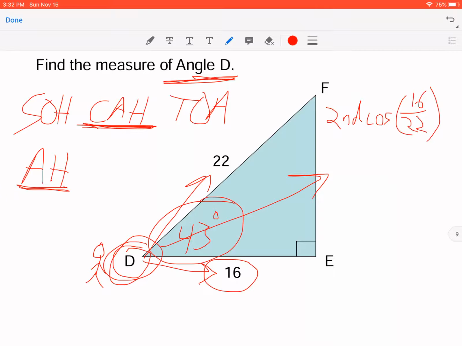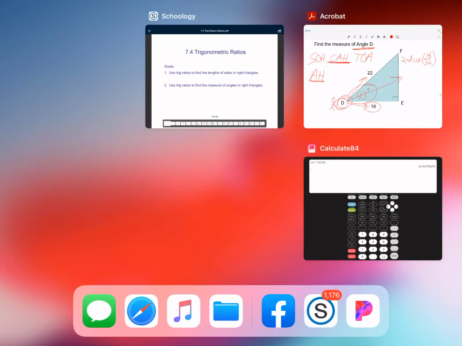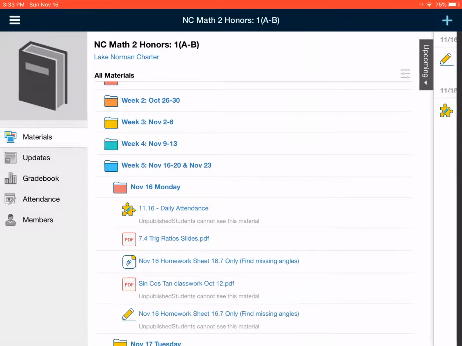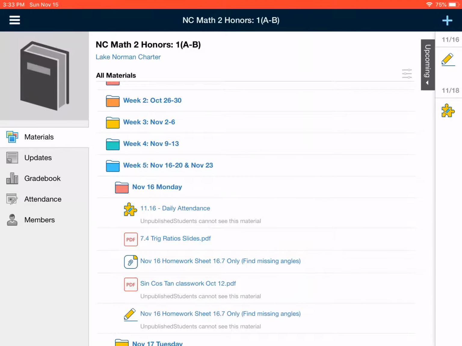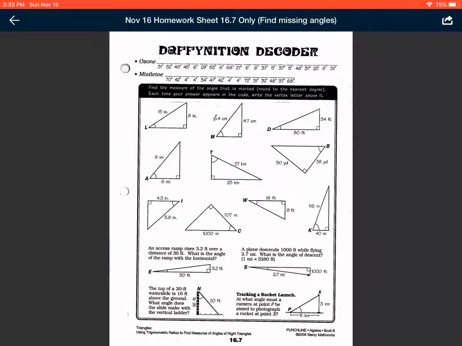All right. Now, I'm going to just go back. Your homework for tonight, it'll be in an assignment folder, and it should be, let me go back real quick. It should be 16.7. So you should see, yep, this right here.